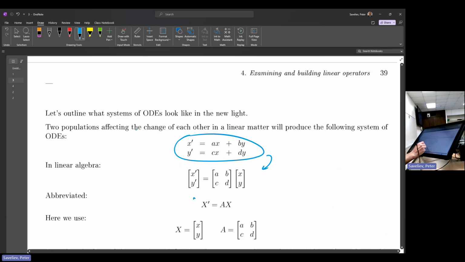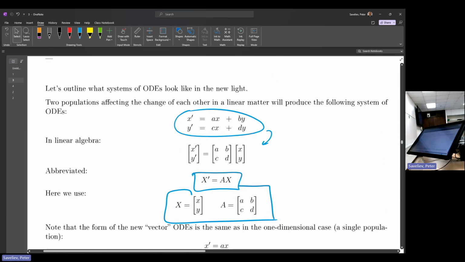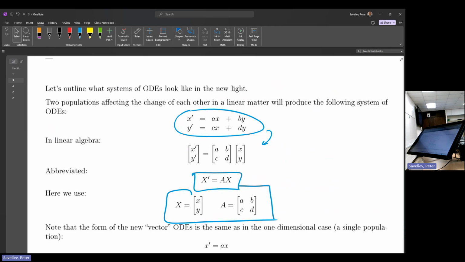This is the abbreviation that we have. So we have X, a parametric curve, to be differentiated with respect to time, which is not visible here. And the matrix a, b, c, d is what actually determines the dynamics of our process, of whatever phenomenon we're looking at.